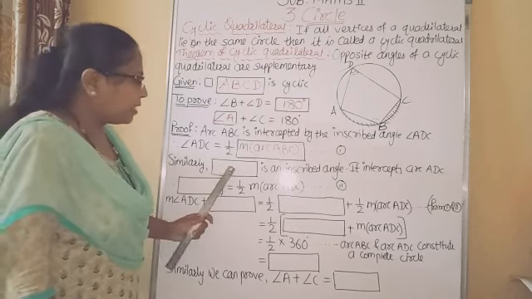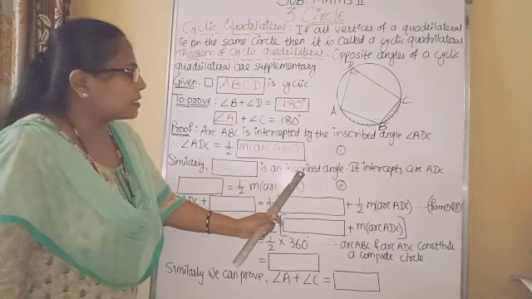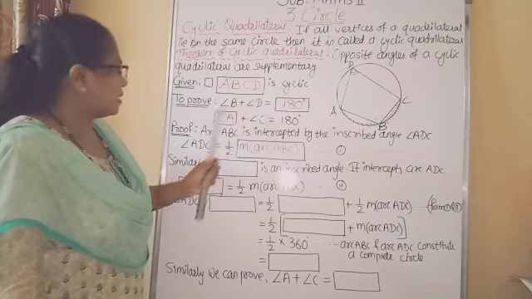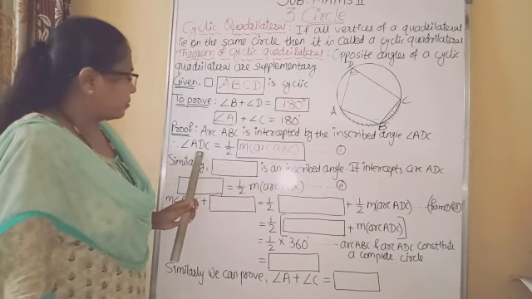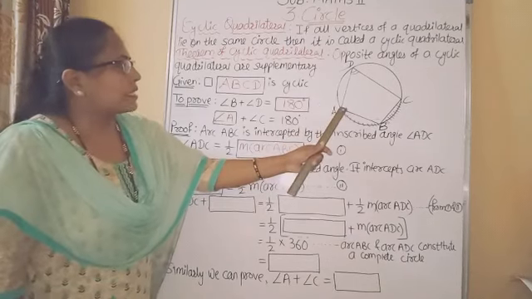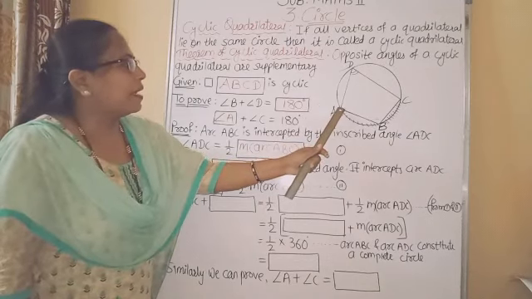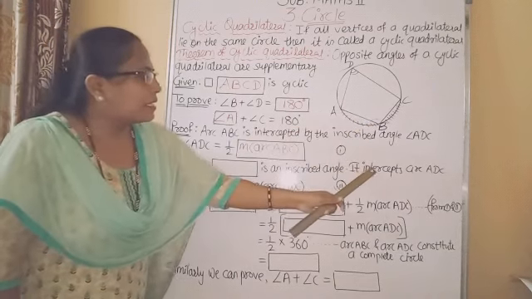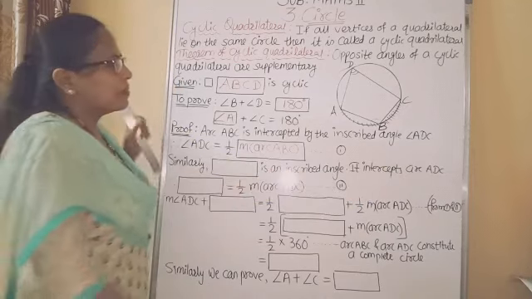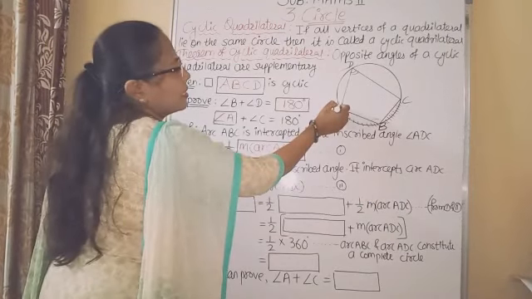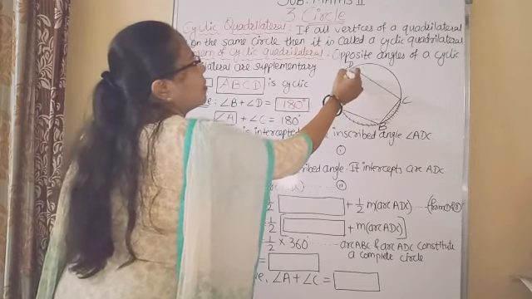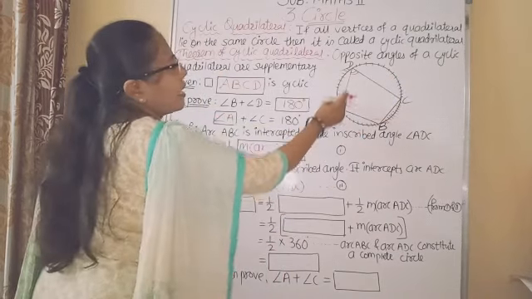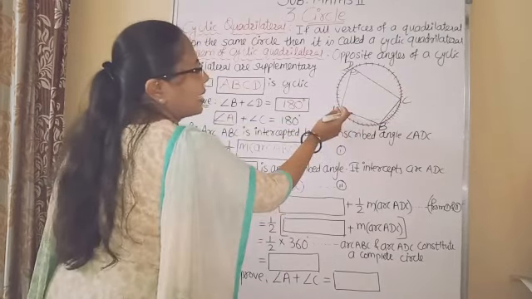Similarly, dash is an inscribed angle. Which pair do we have to take? Angle B and angle D. So angle D we have taken here. Next, the inscribed angle is angle ABC. See, it intercepts arc ADC. Now see arc ADC. This arc ADC is intercepted by which angle?